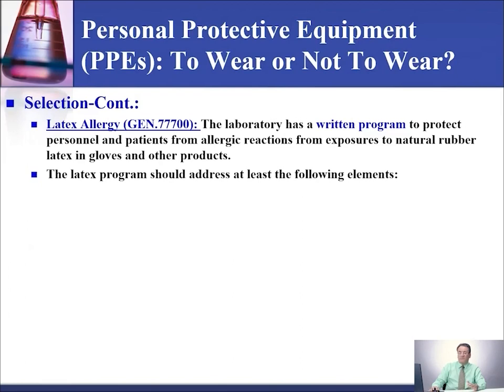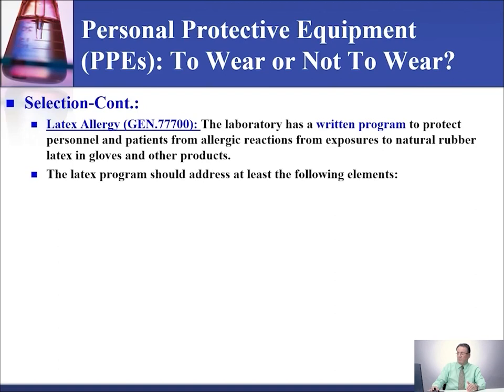Latex allergy. There is a standard in the LabGen about latex allergy. You will find that in LabGen 77700. It says the lab has a written program, so you need a policy or a procedure to protect personnel and patients from allergic reactions from exposure to natural rubber latex in gloves and other products.